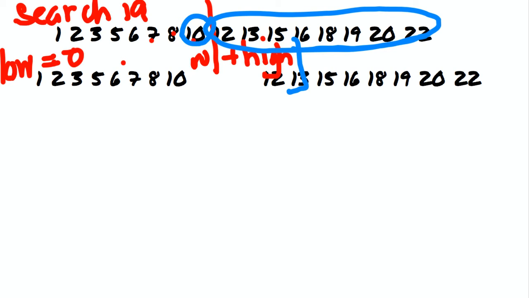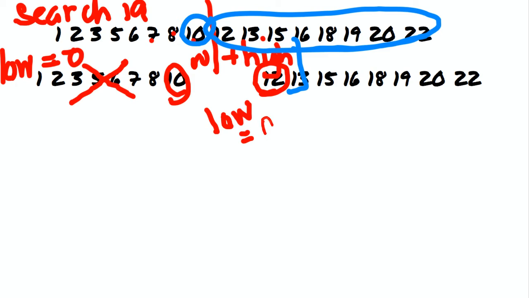Since we are abandoning this first half, and this a sub 7 is the middle term, the new low should be mid plus 1 with respect to the index.